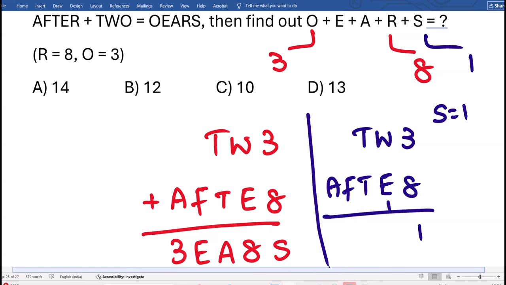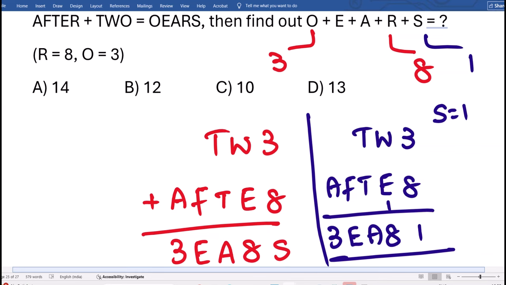14. Okay. And here W plus E plus 1 should be 8 or 18. Then W and E we can do trial, or here E and A also, you can do trial with that. Can we decide about A and F?